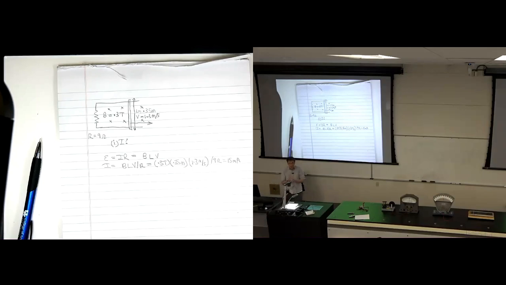I want to figure out the direction of the force that I have to apply. That means I've got to figure out the direction of the magnetic force that I've got to overcome, which means I've got to know the direction of the electrical current in the loop, in the circuit here.